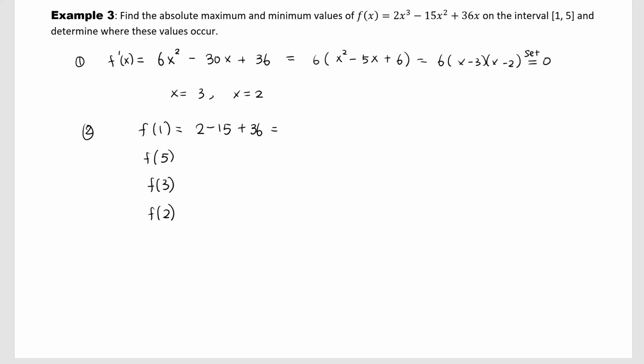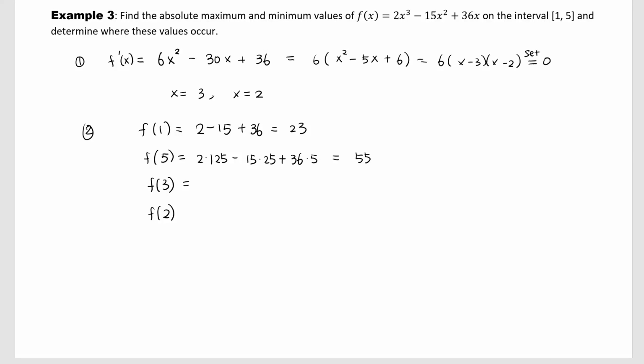Then 36 minus 13 is 23, right? Now f of 5 is 2 times 5 cubed. What's 5 cubed? It's 125. Minus 15 times 5 squared, which is 25, plus 36 times 5. You can plug this in your calculator. You can use a calculator for this part. So the answer is 55.